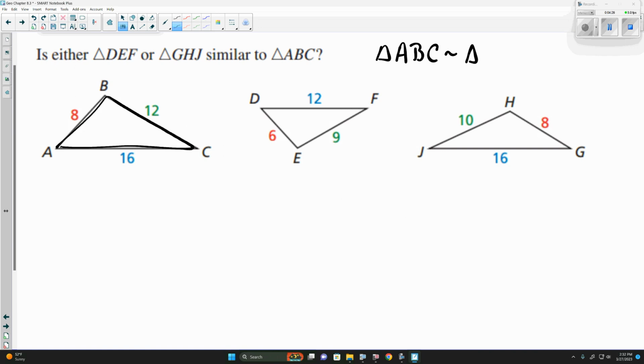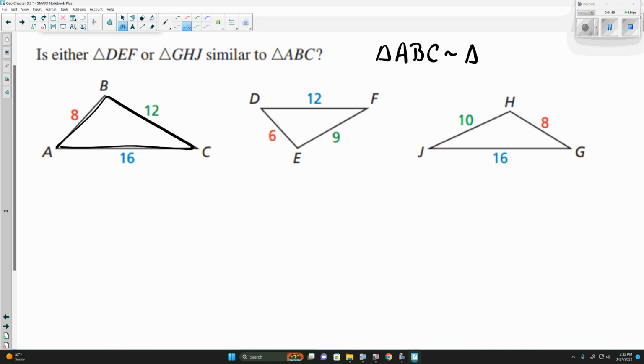We're comparing it all to this triangle here. Now this problem here was nice in that it color coded the sides. 8 is red, 12 is green, and 16 is blue. But when we can match these up, the biggest side is going to go with the biggest side. Smallest side with smallest, and middle with middle.